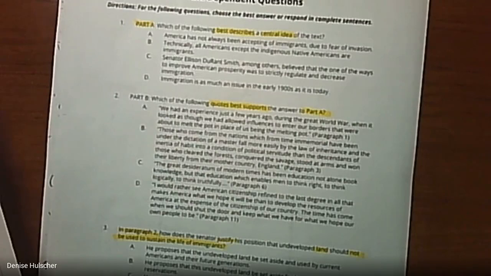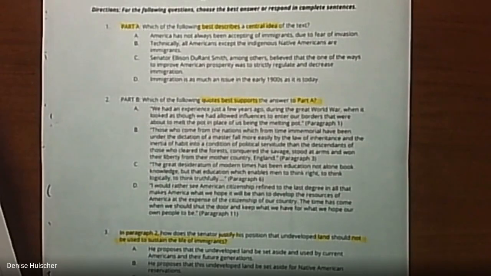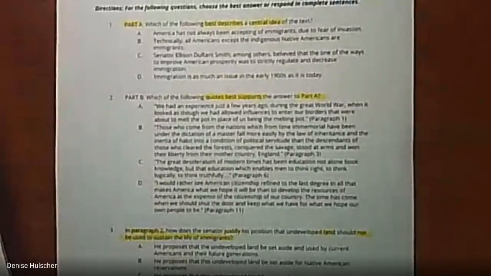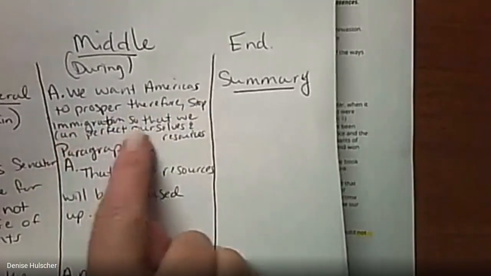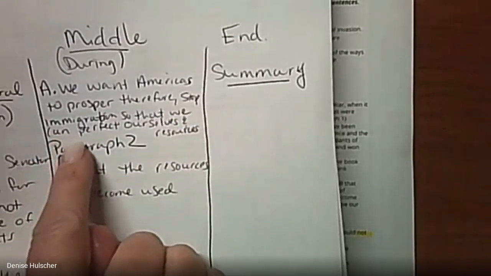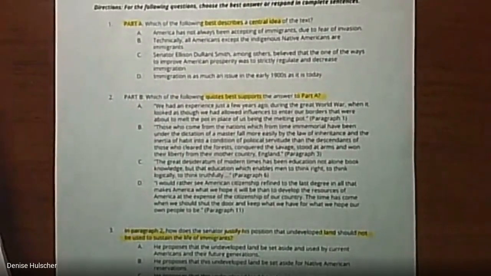In part A, the first question was, which of the following best describes a central idea of the text? Well, when we wrote down part of our answer, we wrote that we want Americans to prosper, therefore stop immigration so that we can perfect ourselves and our resources. So let's find something that's going to match that.